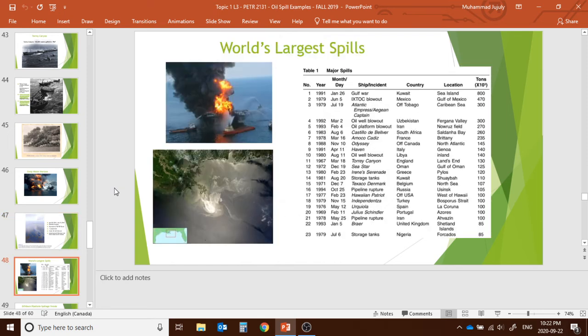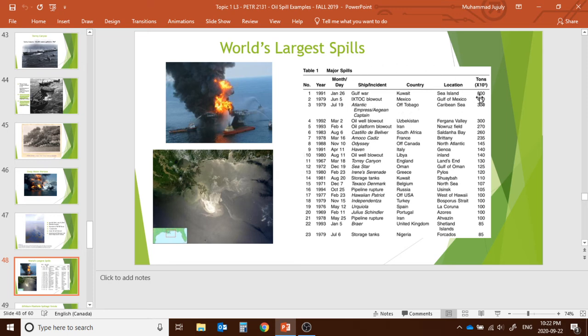Now this is a chart of the world's largest spills. Please go through this chart, and we'll learn what are the most awful oil spills that happened in human history.